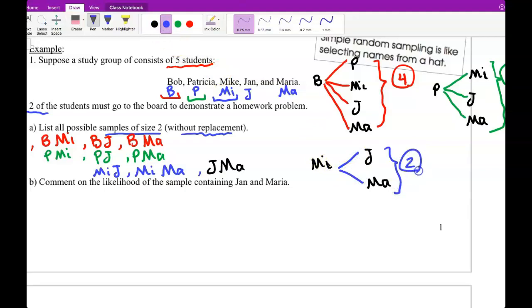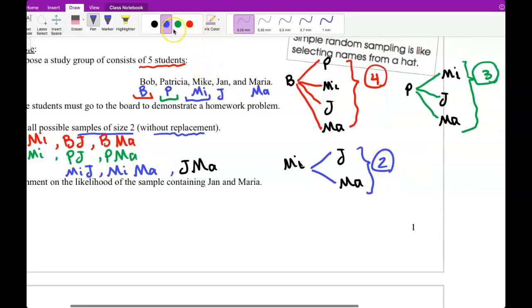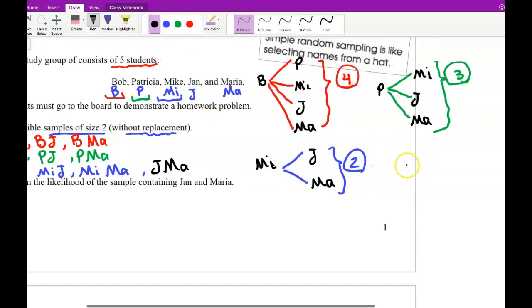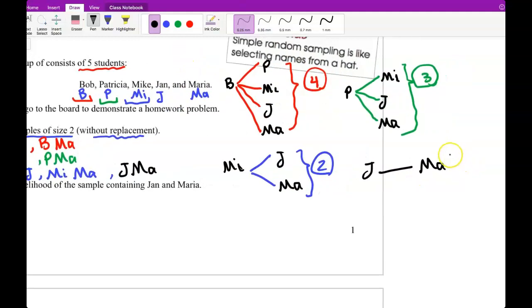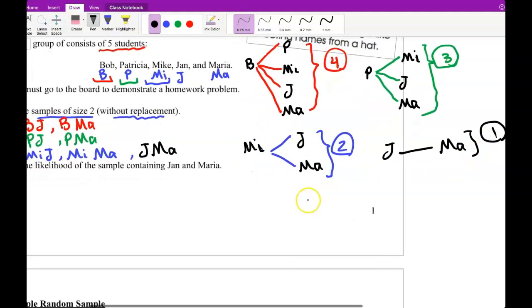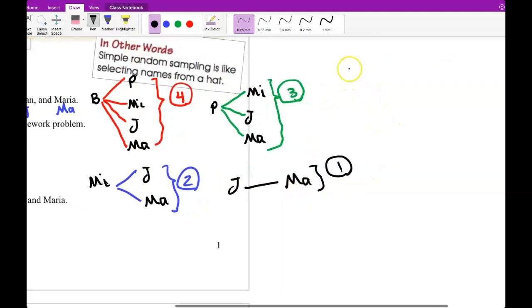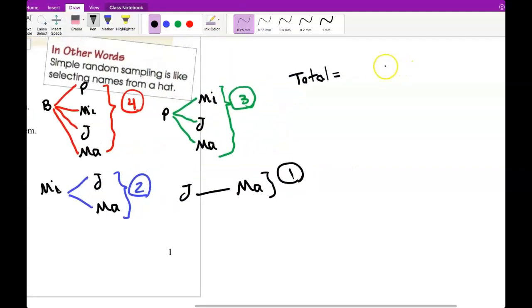Now for this part we have 2. And the last one, we only had 1, so Jane, Maria. And in total we have 4 plus 3 plus 2 plus 1.